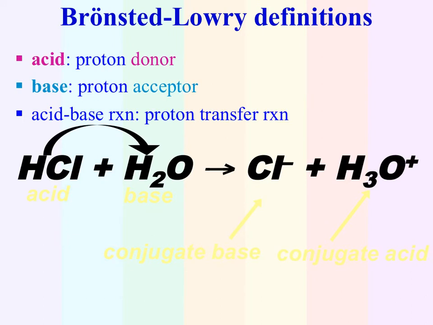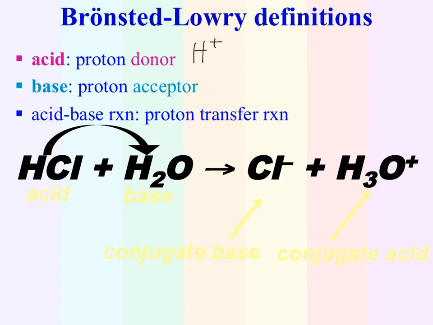Another definition that you may have encountered while learning about acids and bases is the Brönsted-Lowry definition, in which acids are proton donors and bases are proton acceptors. Please understand that when I'm referring to proton donors, I'm not referring to the subatomic particle.